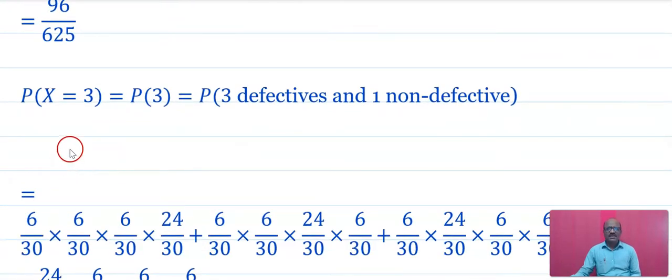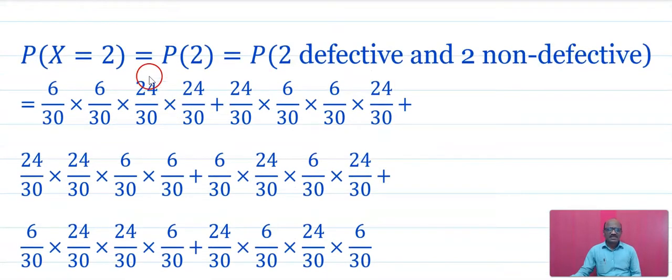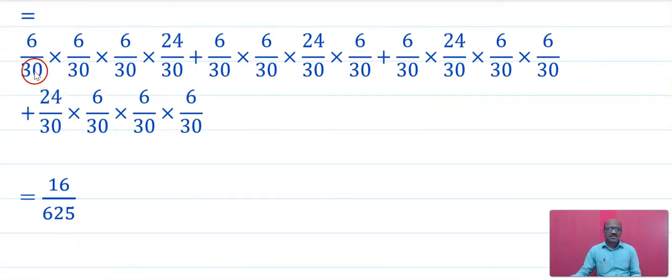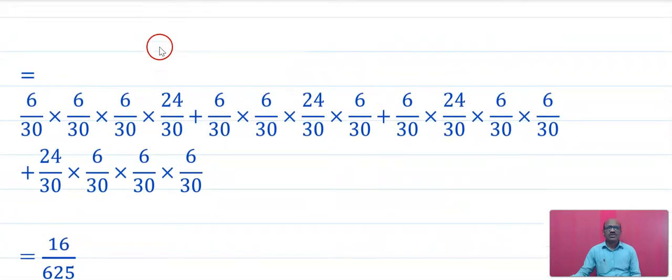Therefore, next is P of capital X is equal to 3. That is, 3 are defective and 1 is non-defective. 3 defective means what? 6 upon 30 into 6 upon 30 into 6 upon 30 into, 1 non-defective means what? 24 upon 30, plus again 6 upon 30 into 6 upon 30 into 24 upon 30 into 6 upon 30, plus again 6 upon 30 that is defective into non-defective, defective into defective.